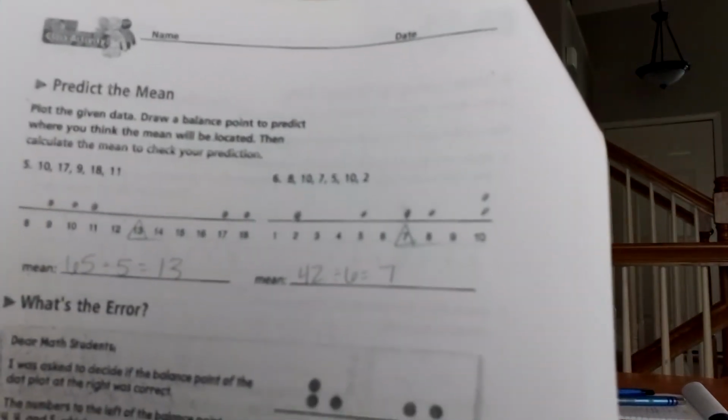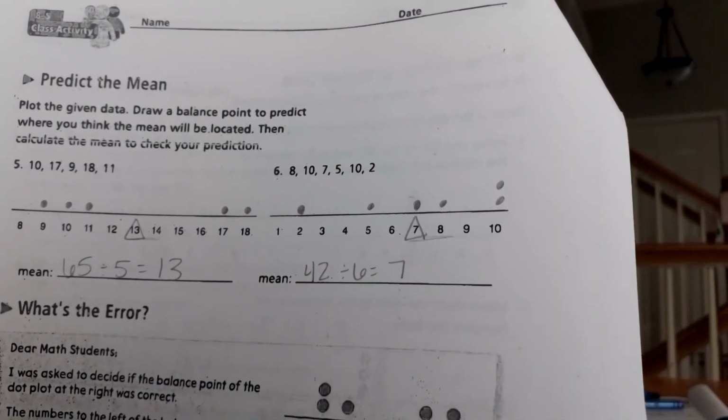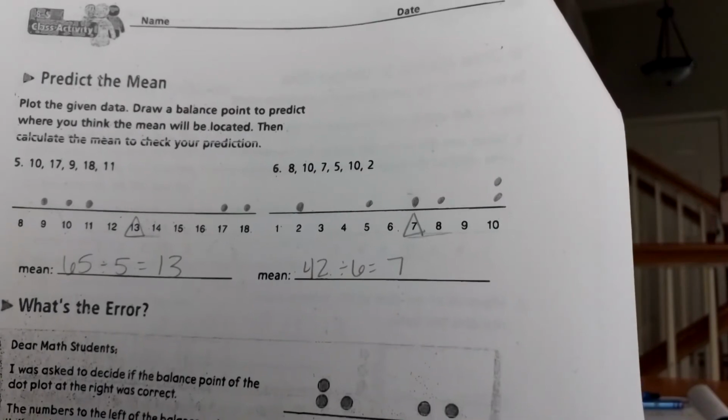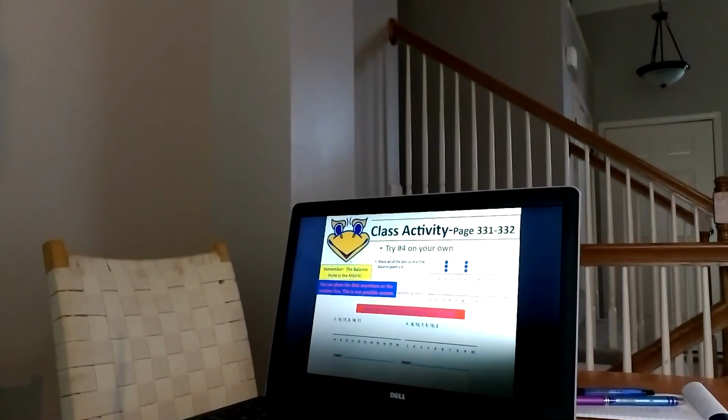So the balance point is actually 7. So all we're doing is finding mean still. We're still finding the average, but then we're drawing it on a dot plot, so we're finding the balance point. Okay.